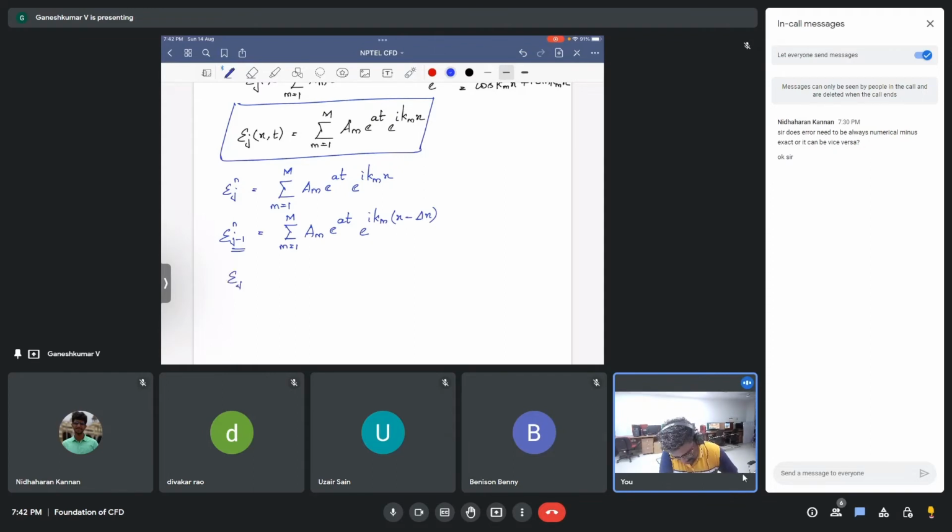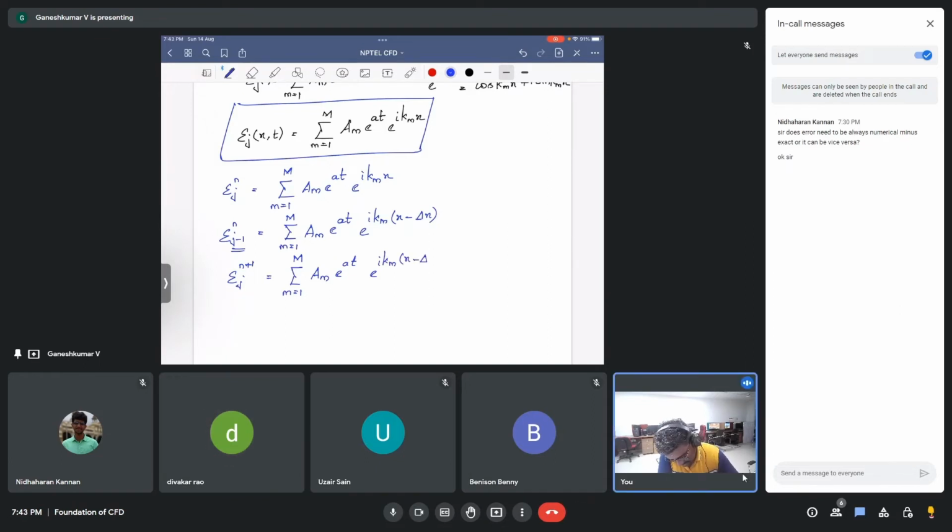Similarly, we have one more term, n plus 1. Can you guys guess what would change in that error term? It will be the same, only x plus delta x will be there, sir.